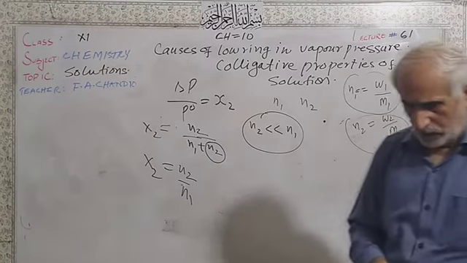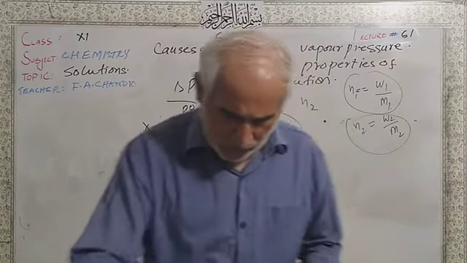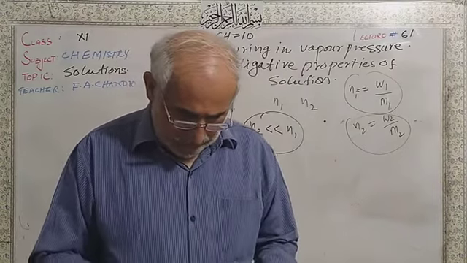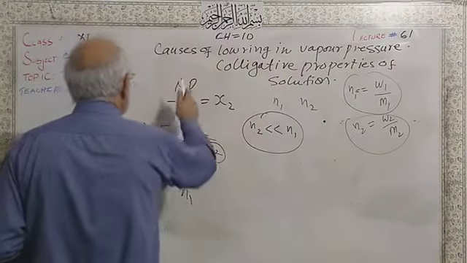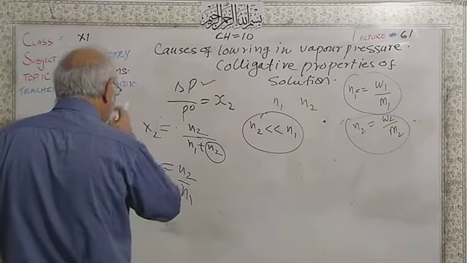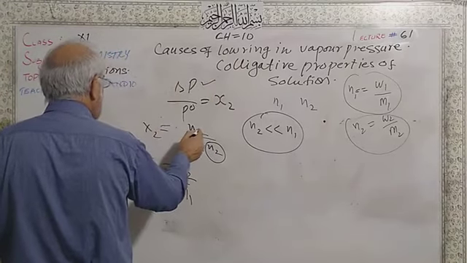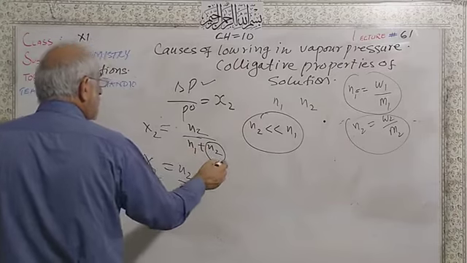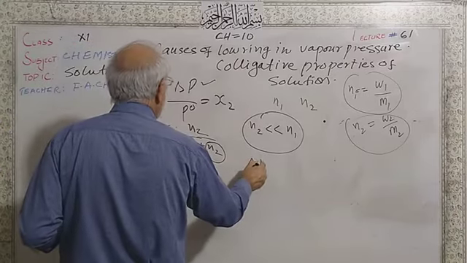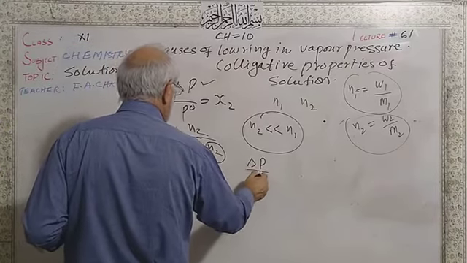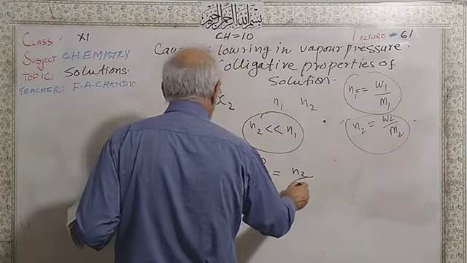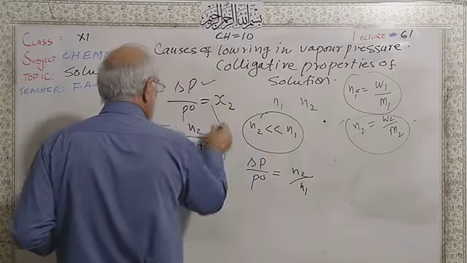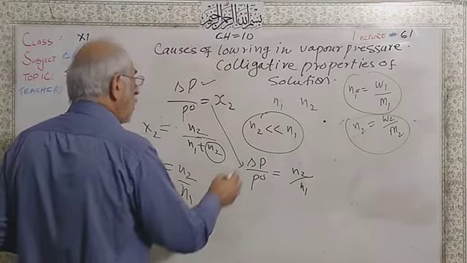When you insert these two in the equation, since x2 is equal to n2 over n1, delta P over P naught is equal to n2 over n1. So we are going to write this equation now.